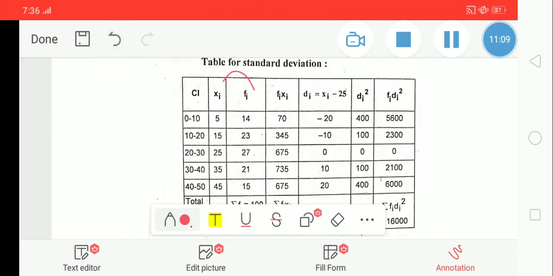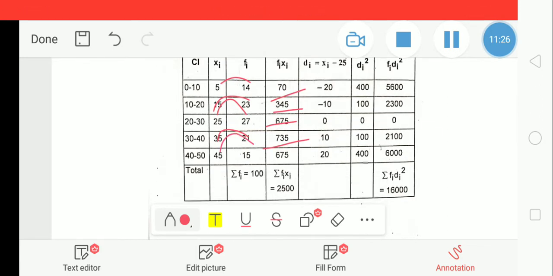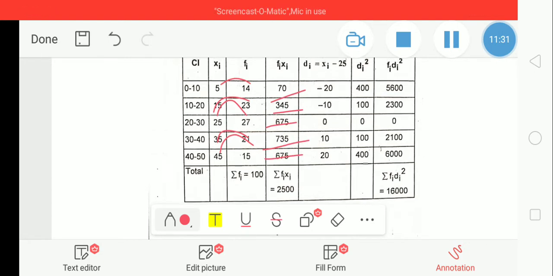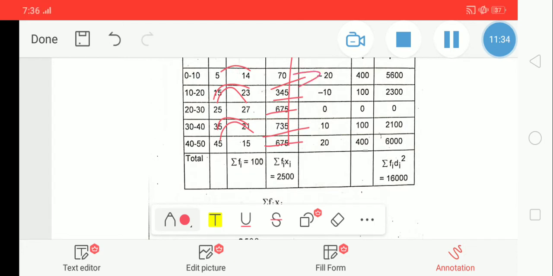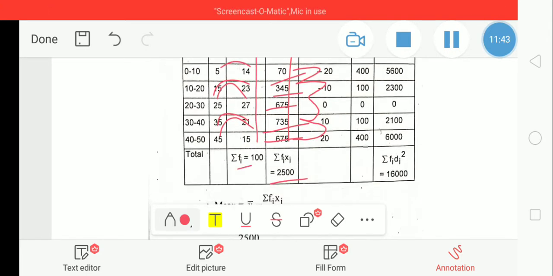And fi is the frequency that is given: 40, 23, 27, 21 and 15. Now fi multiplied by xi: 5 multiplied by 14 is 70, 15 multiplied by 23 is 345, 25 multiplied by 27 is 675, 35 multiplied by 21 is 735, 45 multiplied by 15 is 675. The sum of all these is 2500, and the sum of all frequencies is 100.